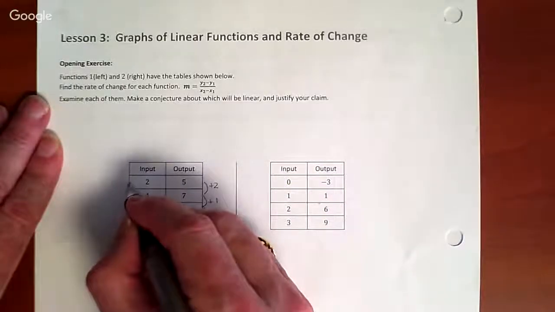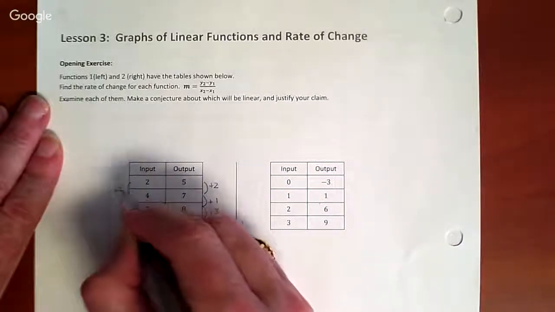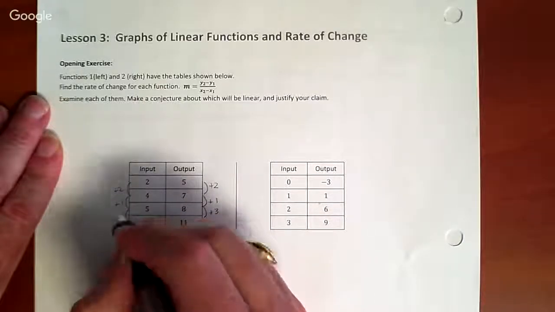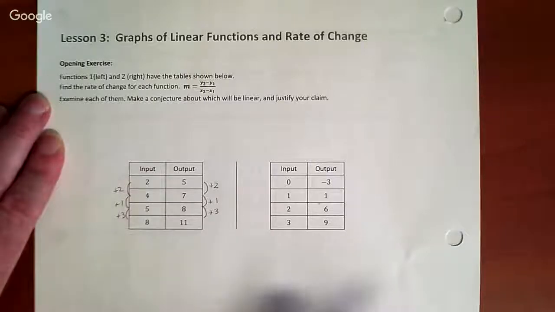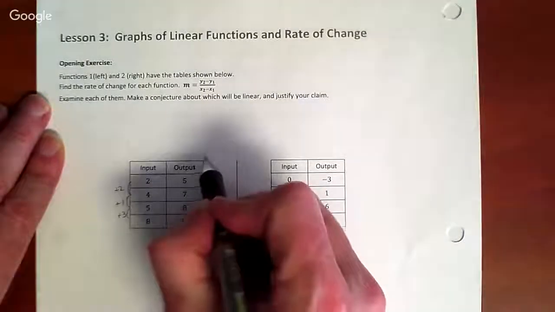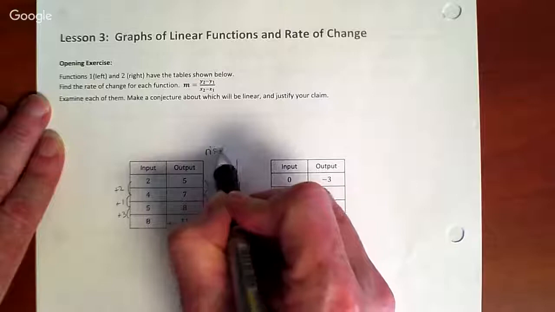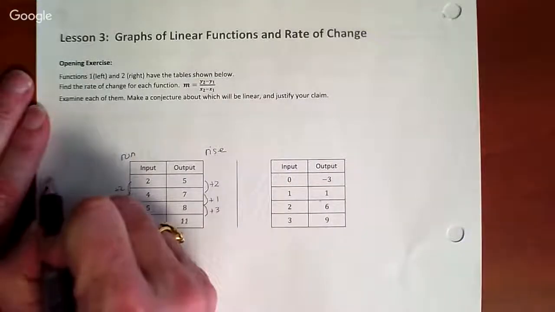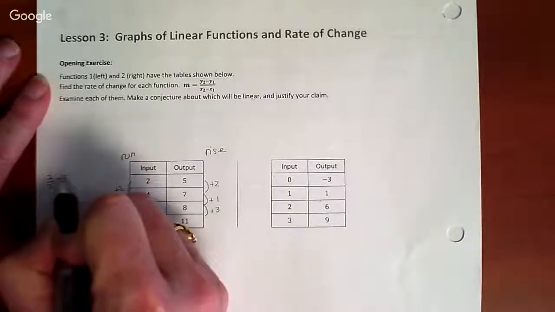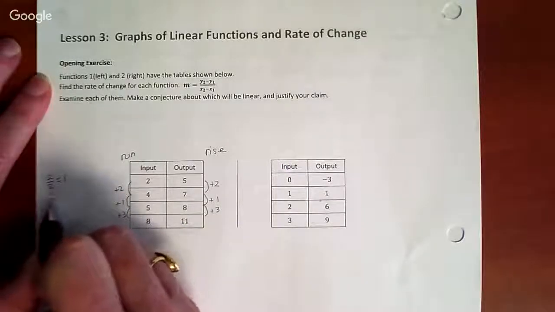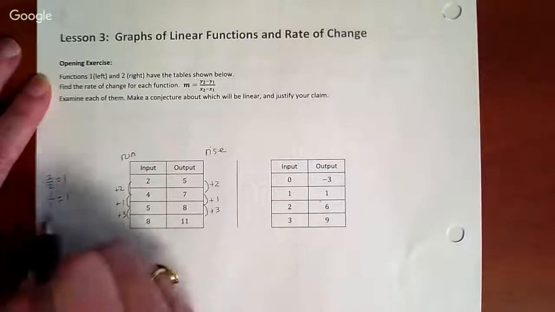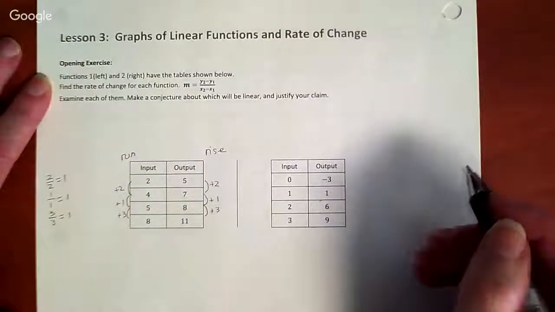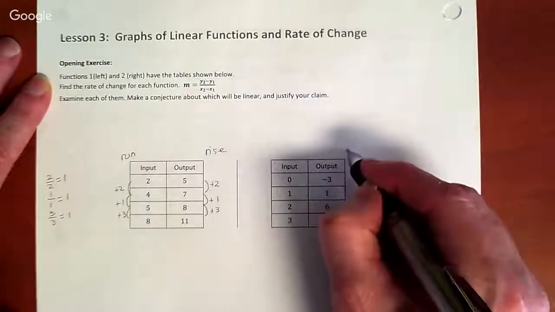Here we have +2, +1, and +3. So rise over run, we have 2 over 2, which equals 1, 1 over 1, which equals 1, and 3 over 3, which equals 1.